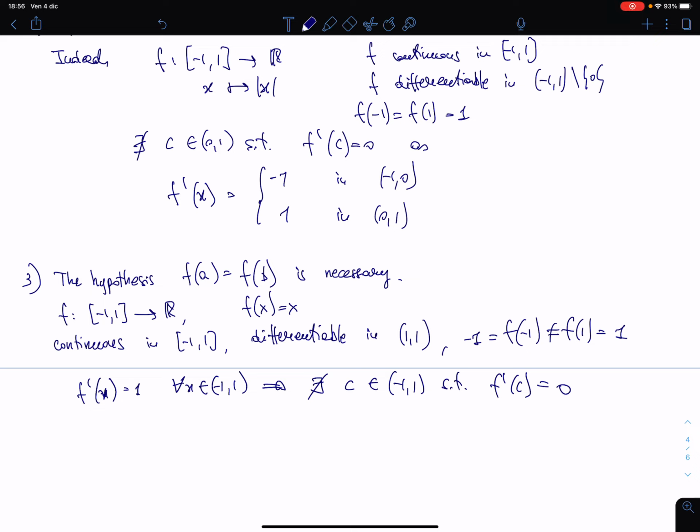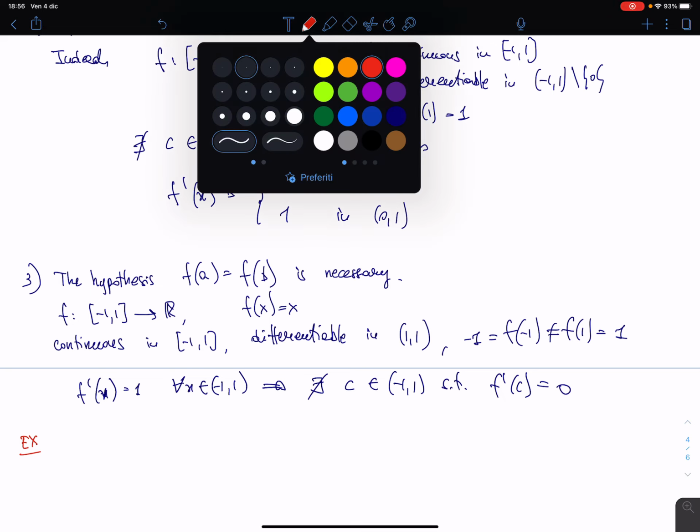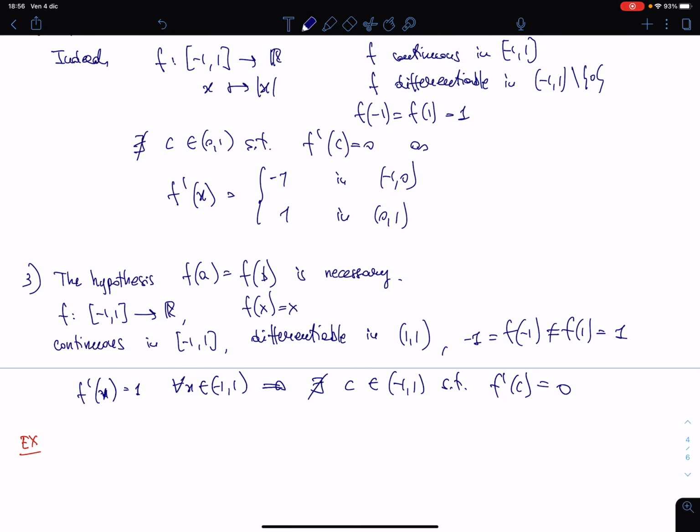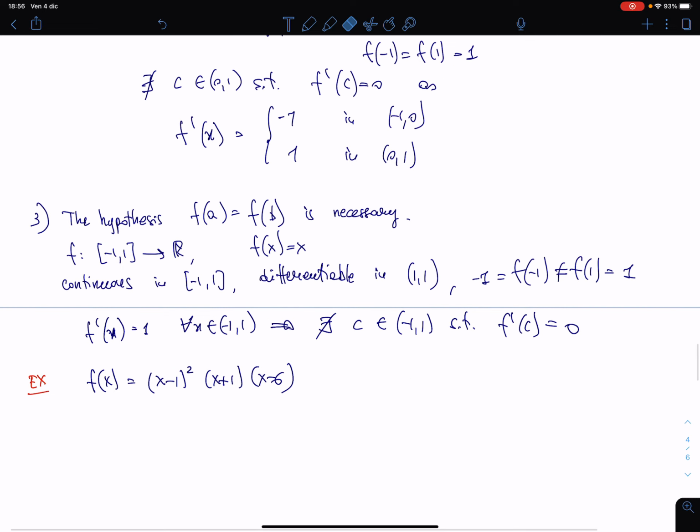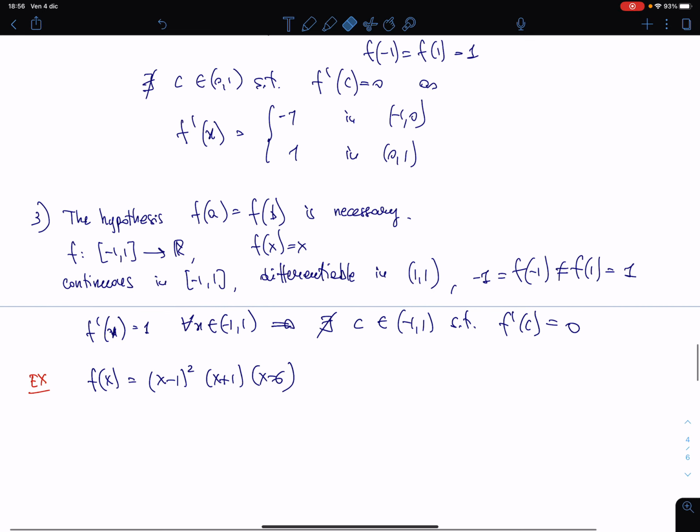Like in your test, you have a multiple choice question like the following. You have the function f of x, which is typically a polynomial, x minus 1 to the square, x plus 1, x minus 6, for instance. And then you have these possibilities.